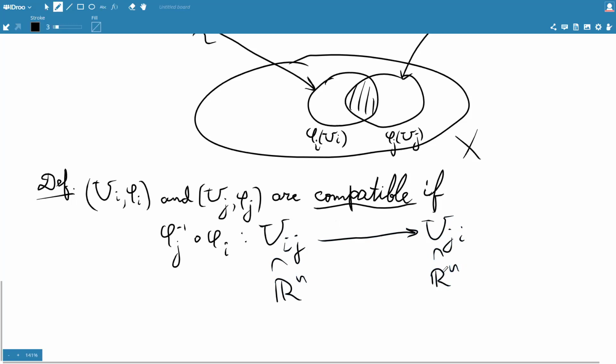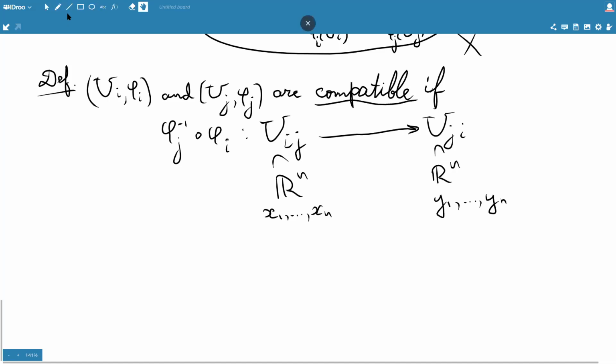In R^n you have standard coordinates x_1 to x_n, and in another R^n you have coordinates y_1 to y_n.